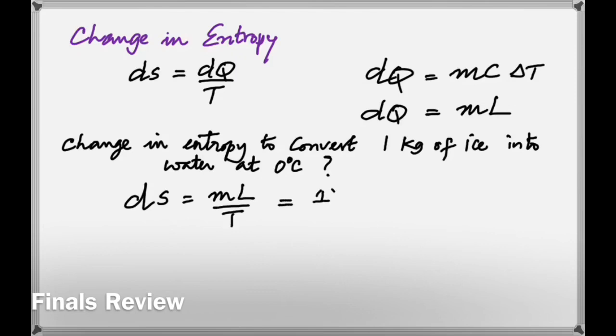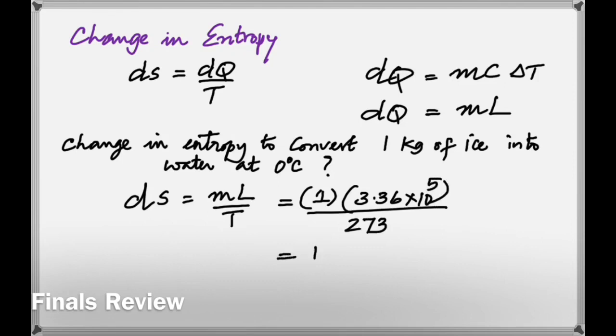And then the mass is given, the latent heat will be given, all constants will be given, and T is, look again. You'd never use 0. It will be a disaster if you divide by 0 here, you know. So 273 Kelvin, and then you get change in entropy. The unit of entropy is joule per Kelvin.